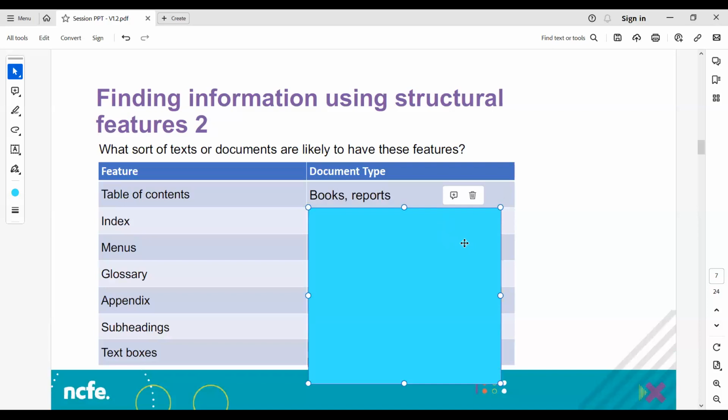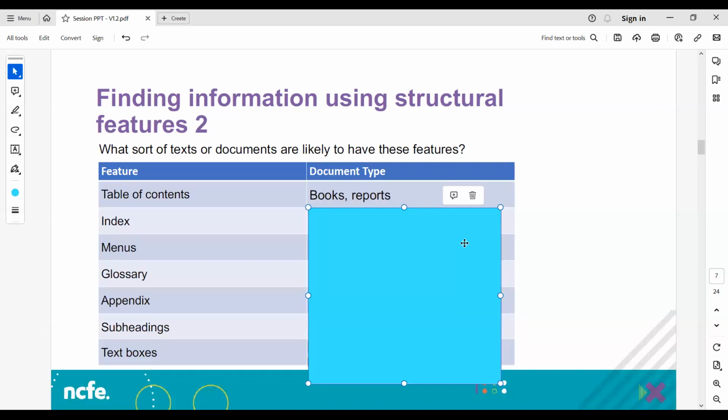So with an article, if you think where you might find an article, perhaps in a magazine or a journal, they might have a contents page in a magazine, but it wouldn't be for that particular article. But a report, so I think at the moment there's a lot about COVID.